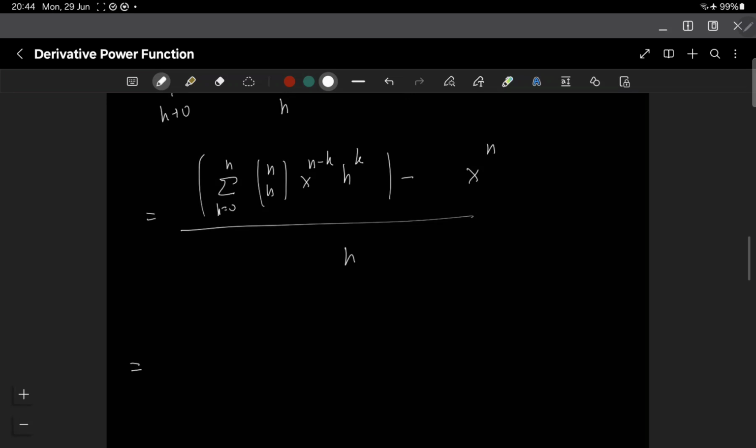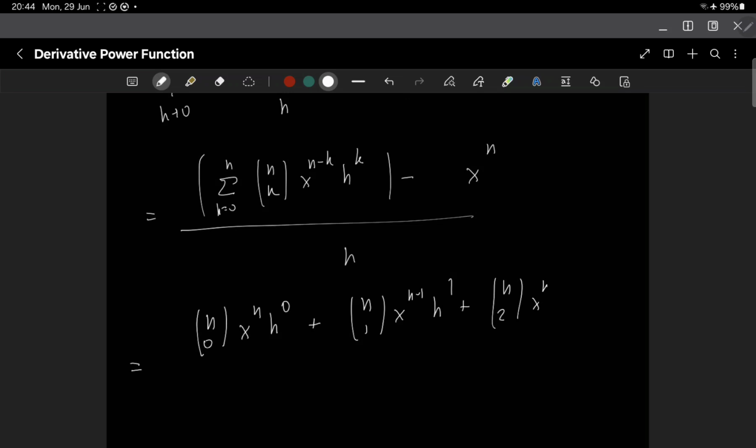Let us write down the first few terms of this sum. So that is n over 0 times x to the n times h to the 0, plus n over 1 times x to the n minus 1 times h to the 1, plus n over 2 times x to the n minus 2 times h to the power 2, and so on, minus x to the power n.